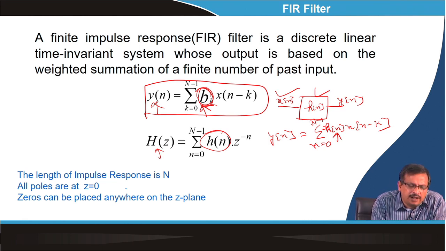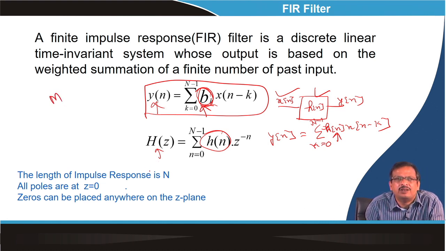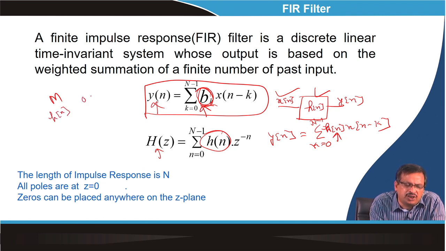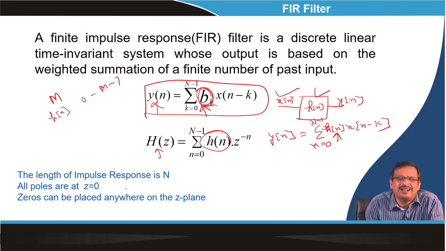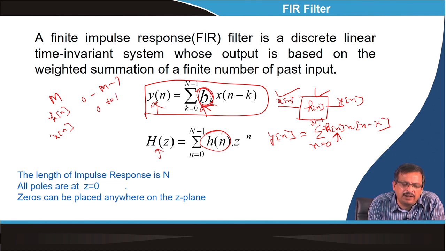Let us say I want to implement a filter where the length of the filter is m, the order of the filter is m. In that case h(n) varies from 0 to m minus 1. I have a signal x(n) whose length is, let us say, L, varying from 0 to L minus 1.